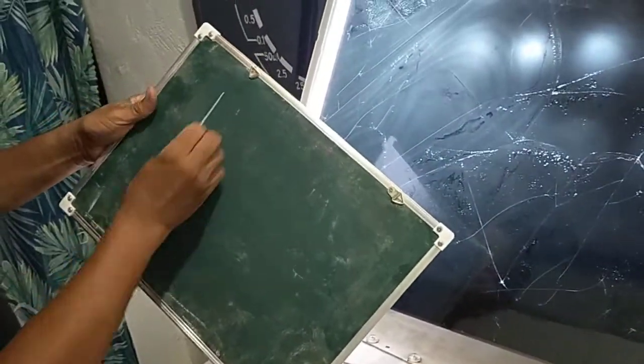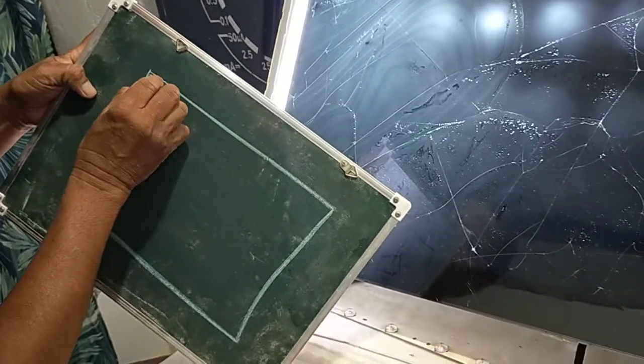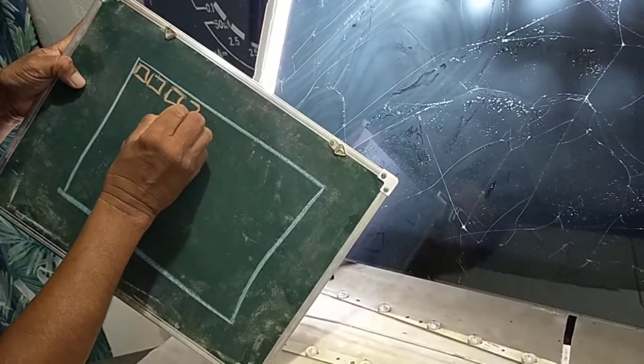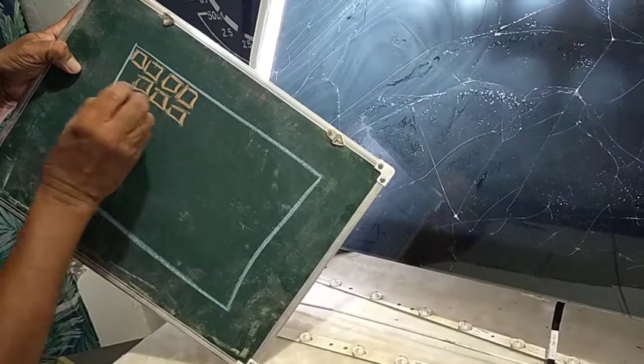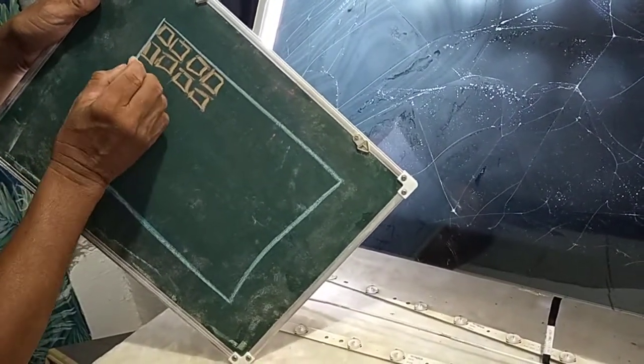We have here the screen. Then we have here the subpixels. The pixel. By the way, pixel is the short version of picture element.